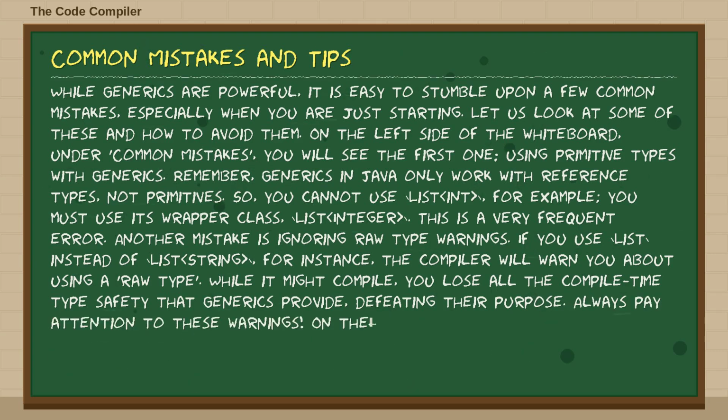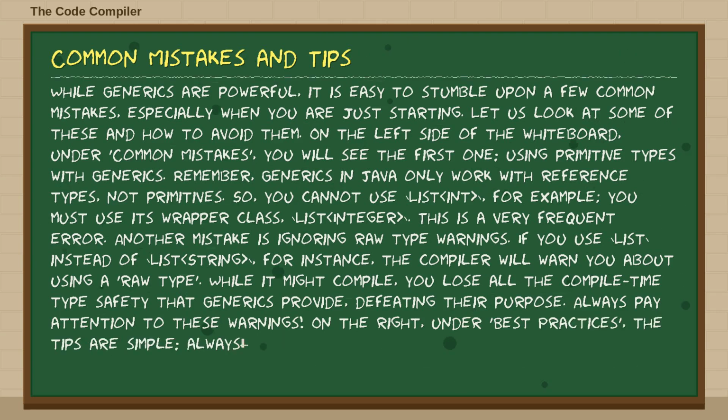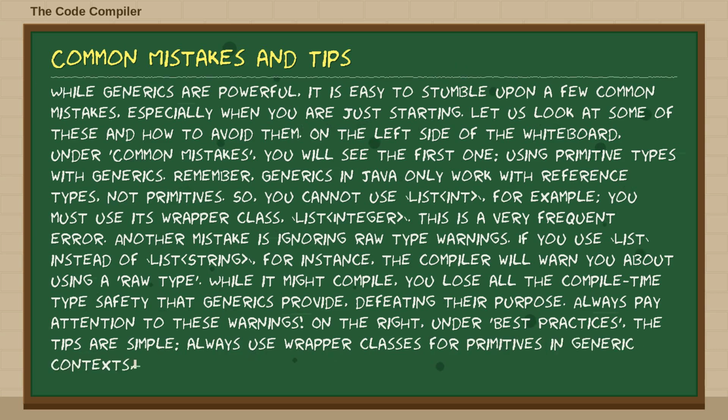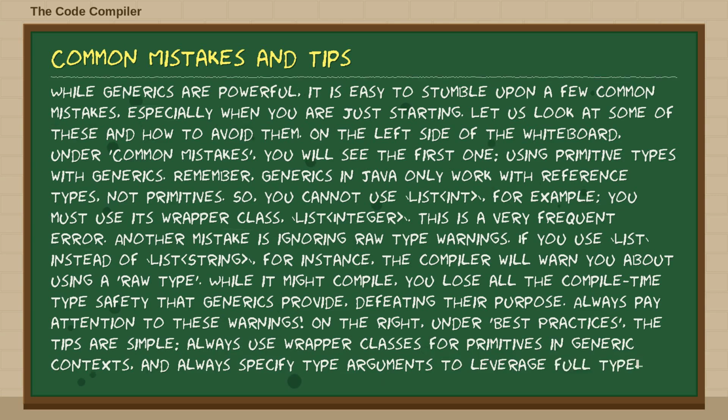Always pay attention to these warnings. On the right, under Best Practices, the tips are simple. Always use wrapper classes for primitives in generic contexts, and always specify type arguments to leverage full type safety. Following these will save you a lot of debugging time.